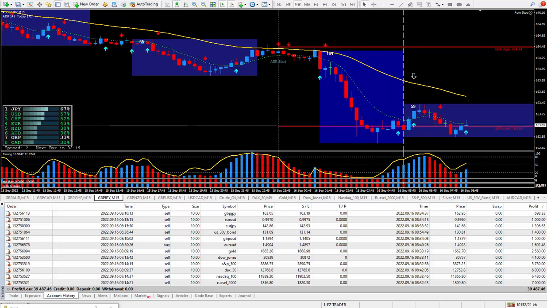Today's date is September the 16th and I'm using my Easy Trader system. This is the system that has the super signal indicator.